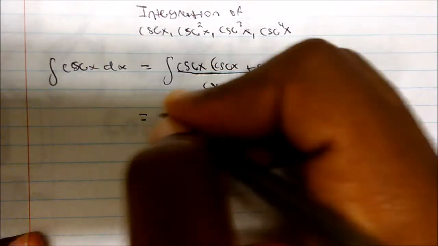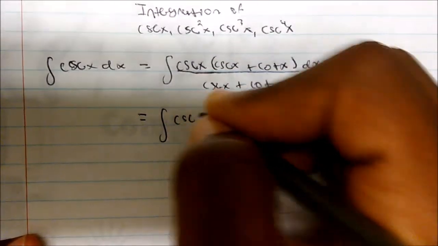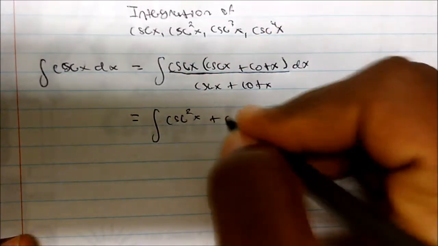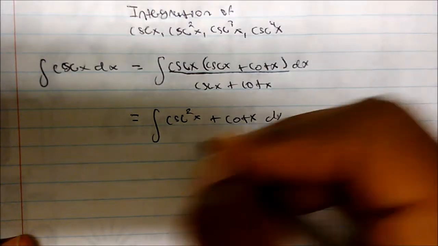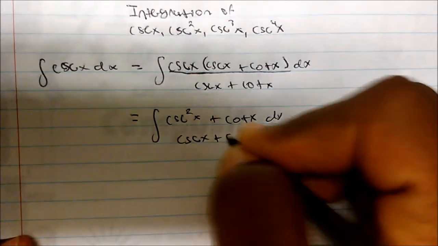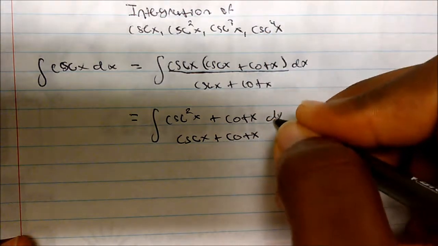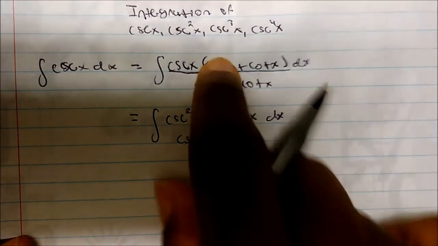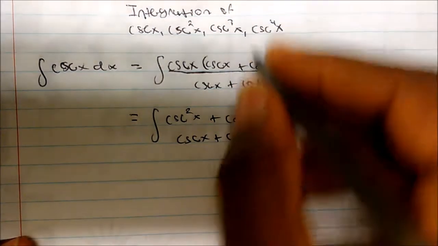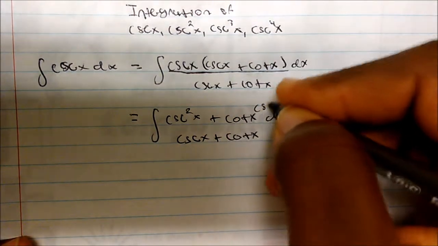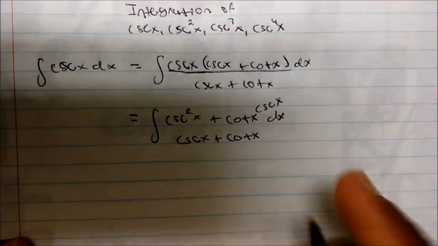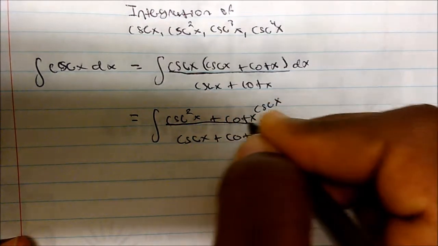Well, if I distribute, this now becomes the integral of cosecant squared of x plus cotangent of x times cosecant of x dx over cosecant of x plus cotangent of x. Oh, I forgot my cosecant. So this becomes cotangent of x, cosecant of x dx. So I apologize. Okay, and these are being divided.